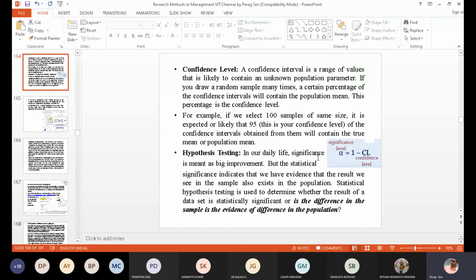Suppose you have got some mean values for three different methods, so whether that is a reflection of the population as well, you can check through the method of hypothesis testing, that the kind of results that you are observing in the sample, whether it is also true for the population, or it is just because of the random sampling process. Okay, so that you can observe.